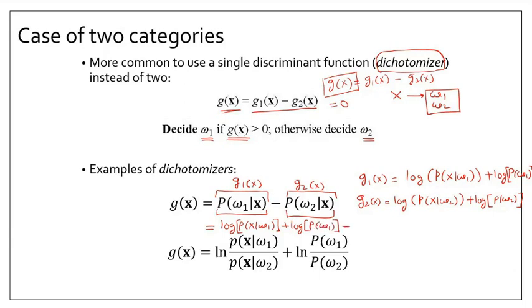Now I am writing minus, and then I will write this thing: log of probability of x given omega 2 minus log of probability of omega 2. This is by substituting the values of G1(x) and G2(x) from the previous slide.